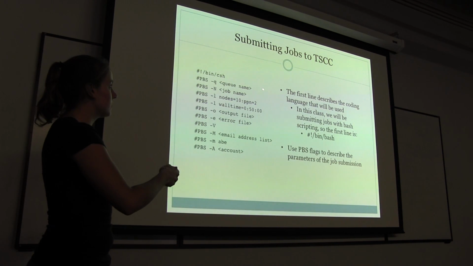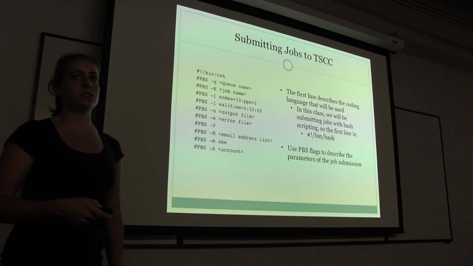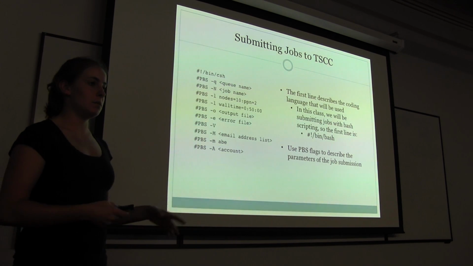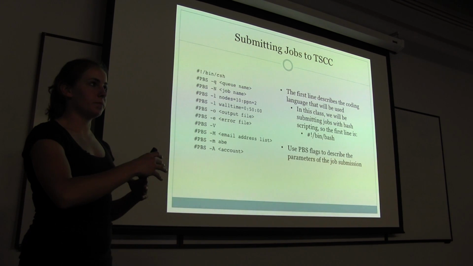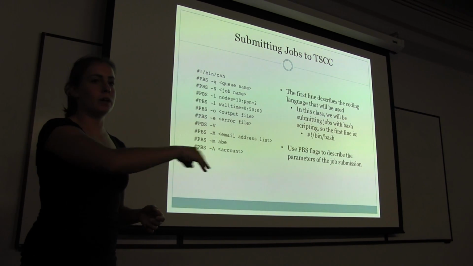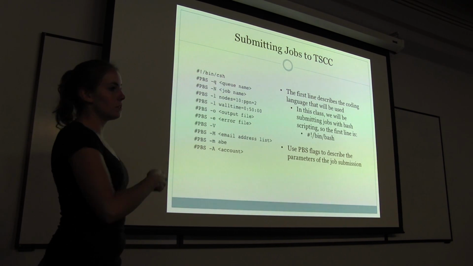So -q is what I was referring to as the queue name. You'll see the TSCC structure, and I'll show you which queues you have access to be able to submit to. This just basically means which reservation system you're going to put your job into and where it's going to be run and how it's going to be run. You can give your job a name so that you can track it.